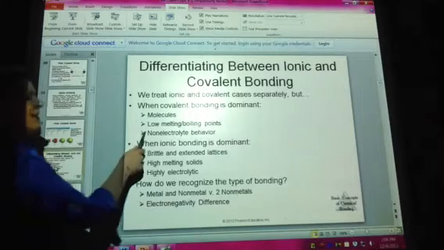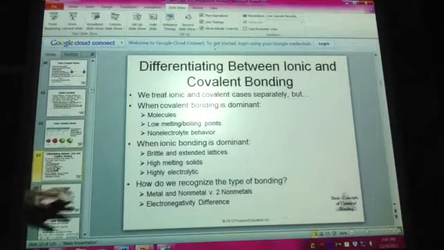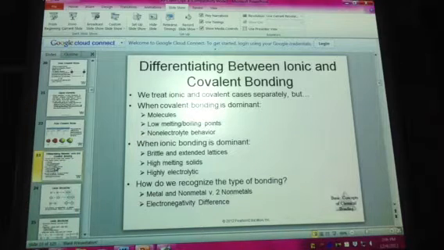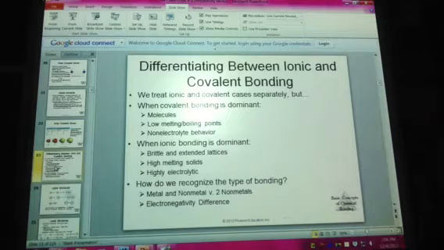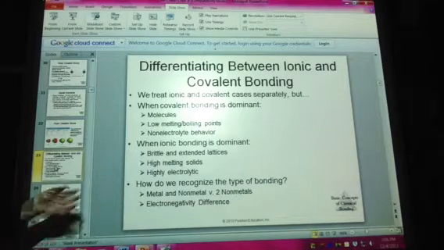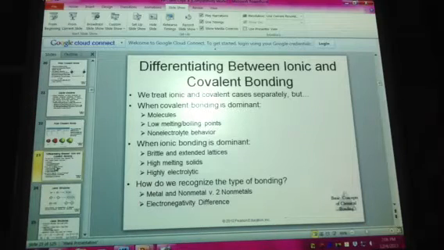So they have a non-electrolytic behavior. They also have low melting and low boiling points. Ionic bonding, they have brittle and extended lattices. They're malleable, they're ductile, they have high melting points, and they're very electrolytic, meaning that if I dissolve them in water, they can dissociate into their ions.